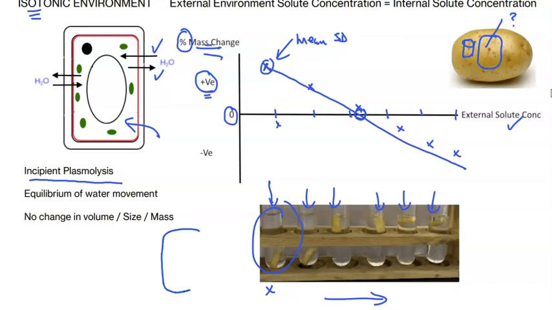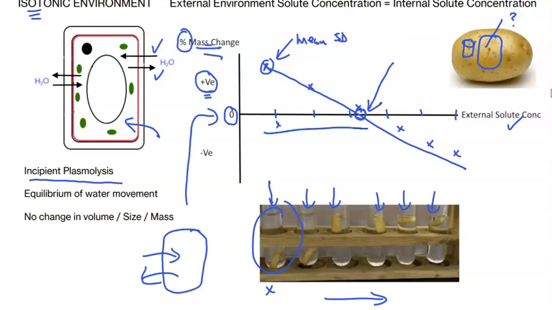So if we have a potato cell and the amount of water going in is equal to the amount of water going out, then there will be 0 mass change. So we know that this concentration on this axis here is the concentration of our potato cytoplasm.